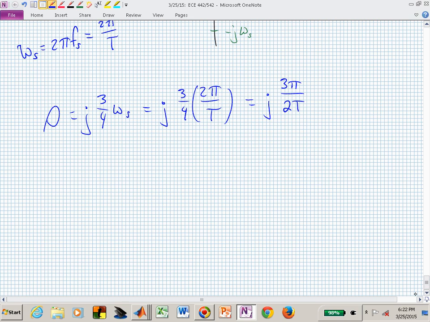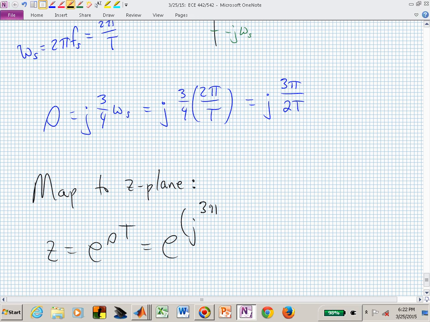Let's see what that does when we map it into the z-plane. That's what it is in the s-plane. Let's map that frequency into the z-plane. And our map is z equals e to the sT, so z is equal to e to the s T. Well, s is j 3 pi over 2T, and there's T. So the T's cancel, and we now have e to the j 3 pi over 2.